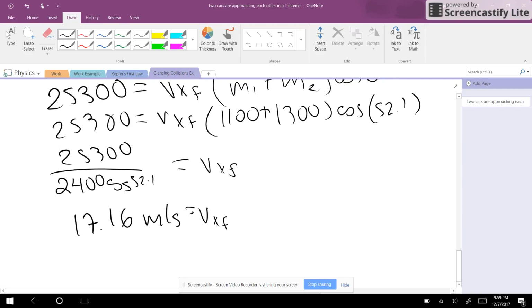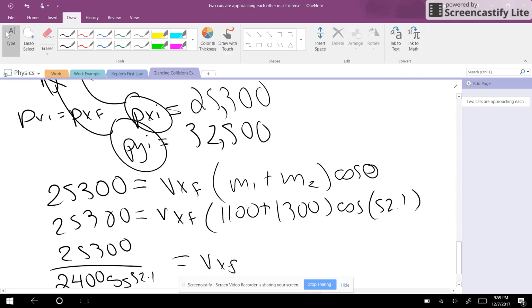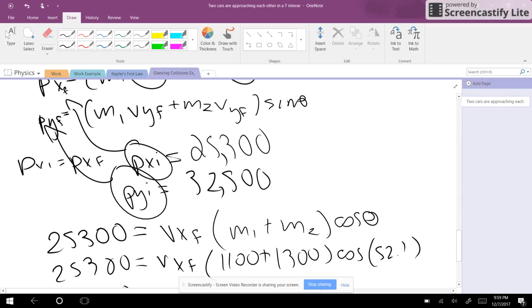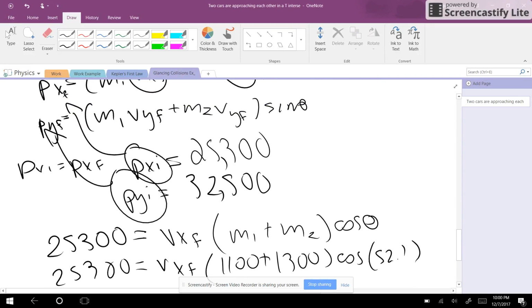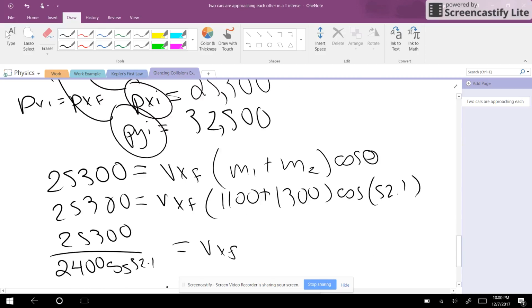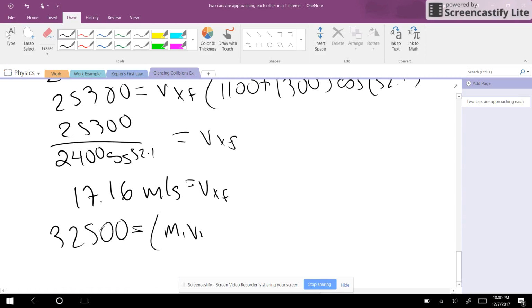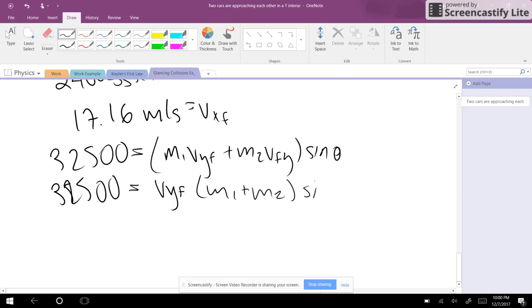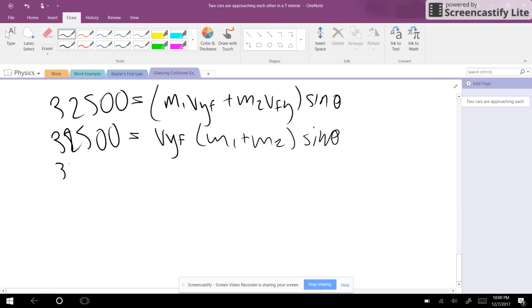And we can do the same thing with the y. m1 vyf. Once again, we can factor out the velocity, and we can plug in what we know.